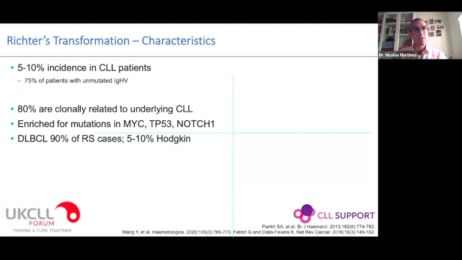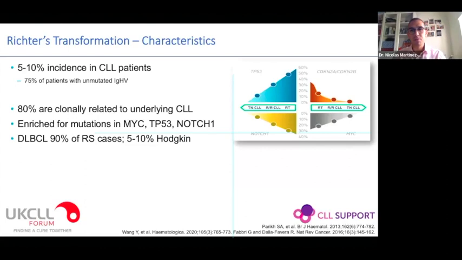90% of the Richter's is DLBCL, and the other 5 to 10% is Hodgkin Richter's, which we'll also review at the end. And this is an interesting image touching upon this issue of the mutations.